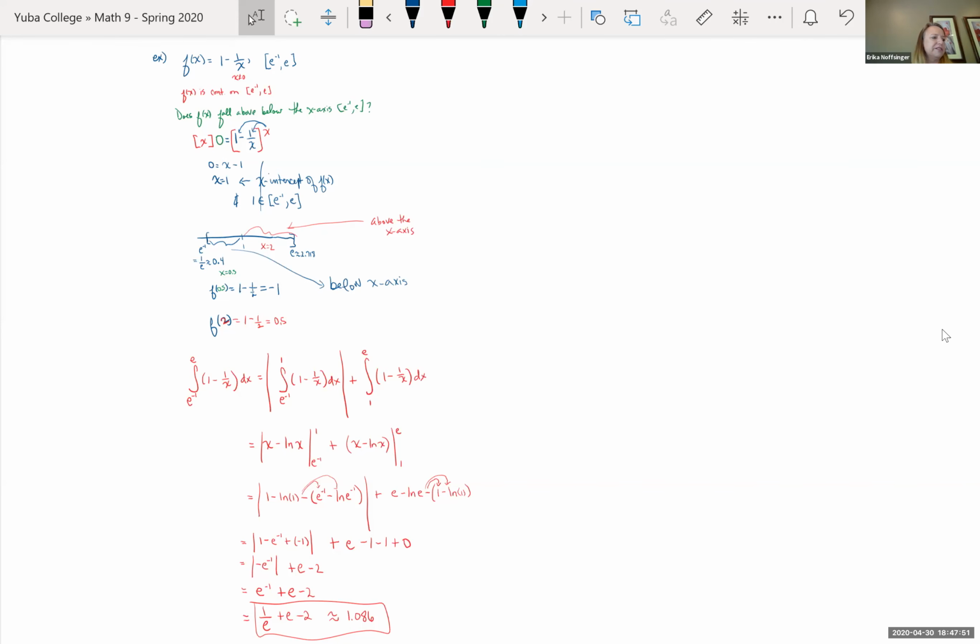There is one other section I did want to cover. I don't know if I am actually going to cover that, which was area between 2 curves. I'm thinking that we pretty much finished off the material that we're going to do for this semester. So I think this is where we're going to end.